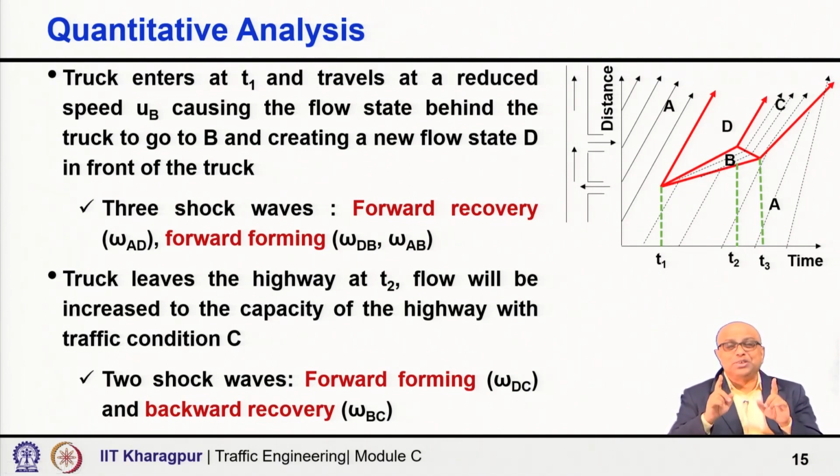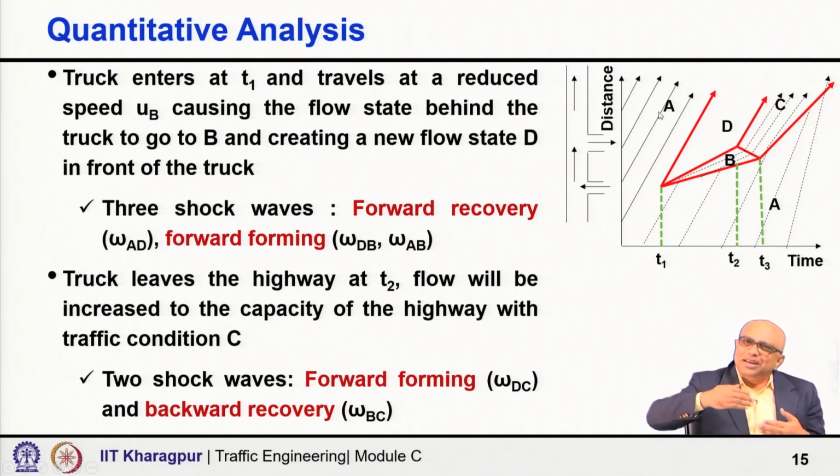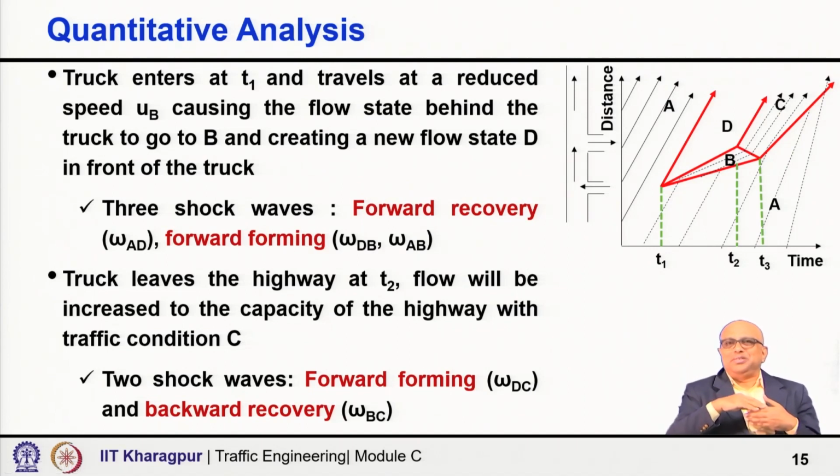Queued does not mean completely stopping; the vehicles are moving with the speed of the truck, but it is a different flow condition, or flow state, that will be B. That will also create a new flow state D in front of the truck, because immediately in front of the truck the traffic state is not A; traffic state A has gone further ahead. So, in between, a new traffic state will be created with 0 flow, 0 density, that is traffic state D.